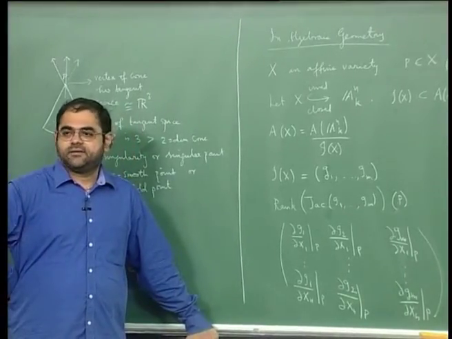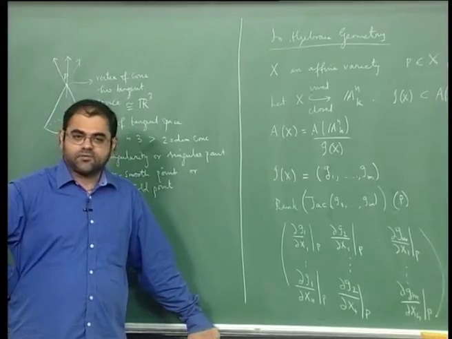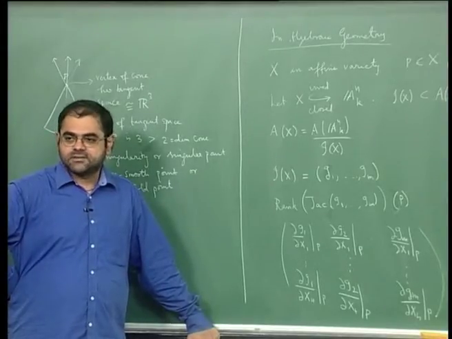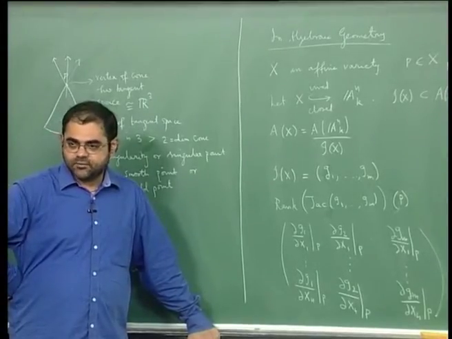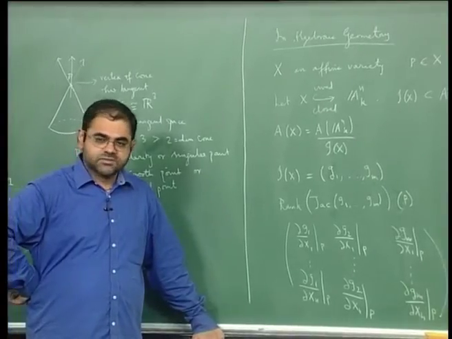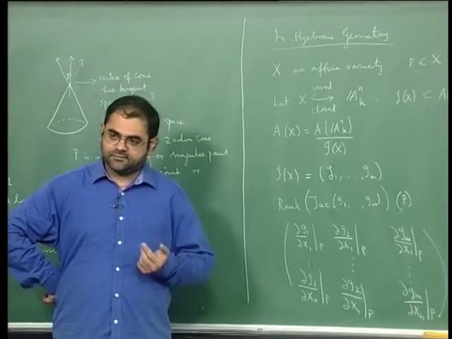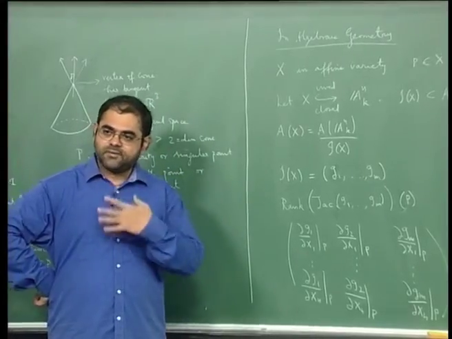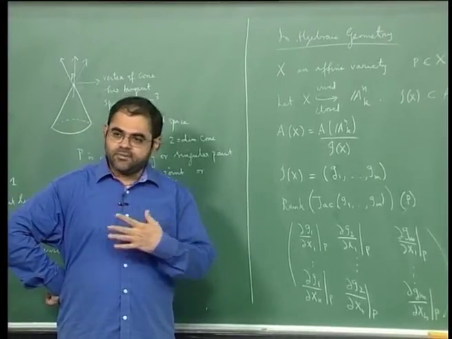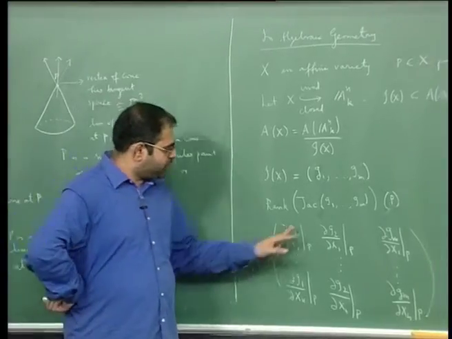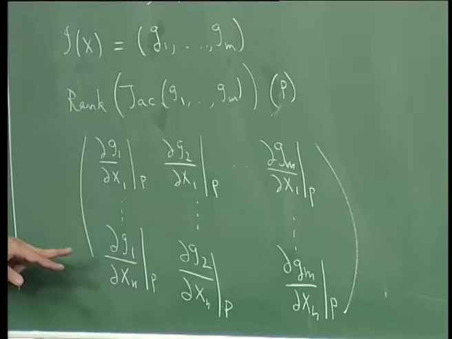These are the same formulas you get in calculus, but they make sense even without calculus: you take them as the definition rather than getting them through a limiting process. So you have this matrix, and you calculate its rank.